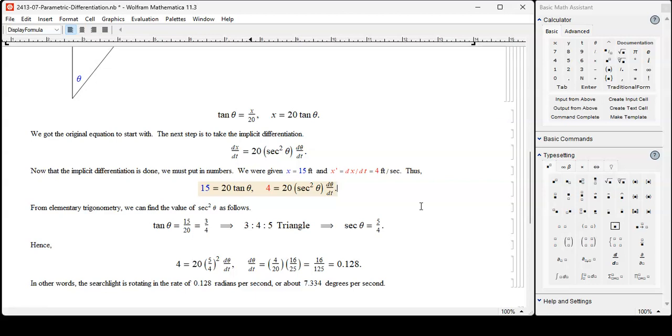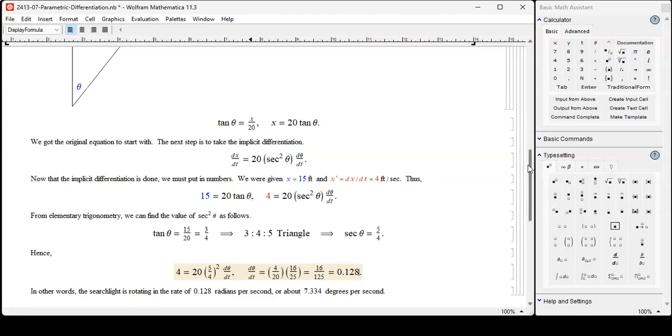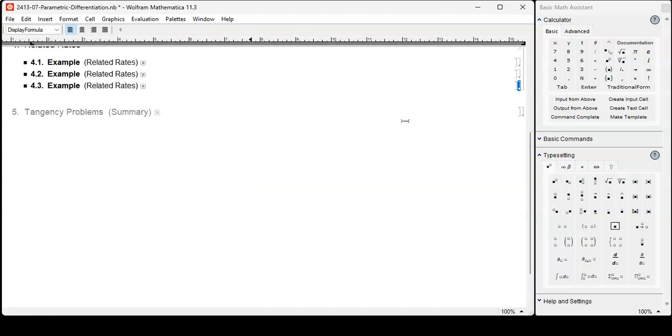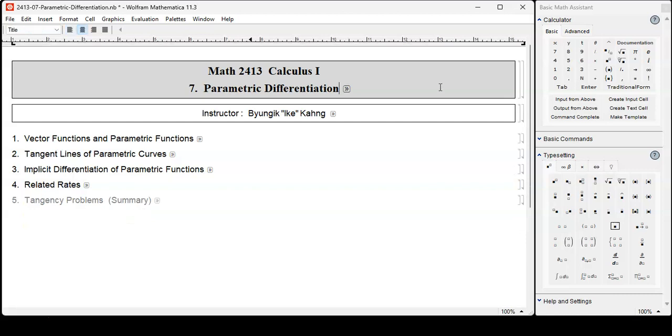Secant is 5/4. So plugging in and doing the computation, 5/4 squared, the same as before, 16 over 125 and 0.128. So 0.128 radians per second, or 7.334 degrees per second. Okay, all right. That completes this section.